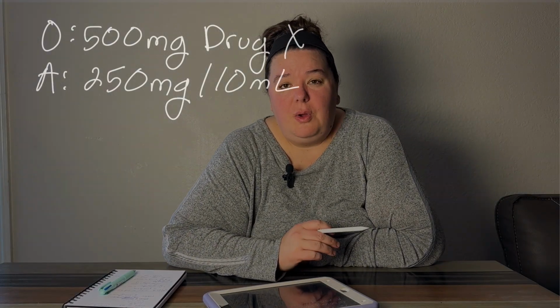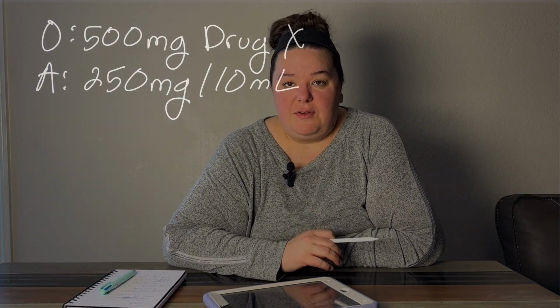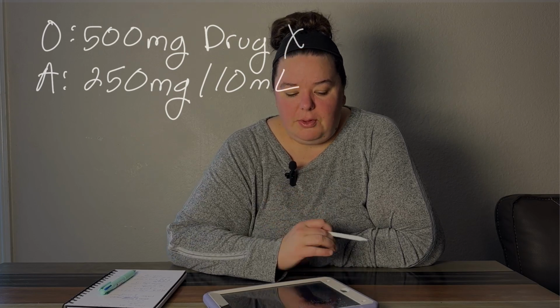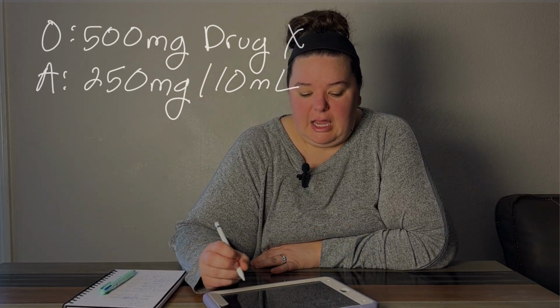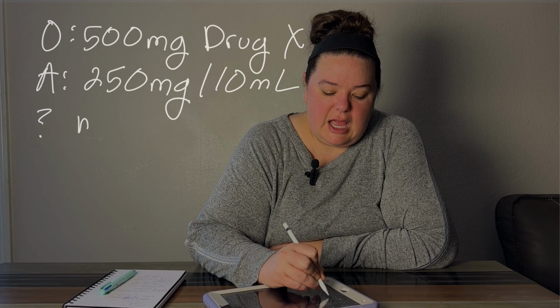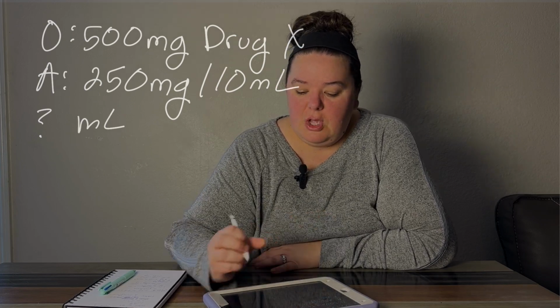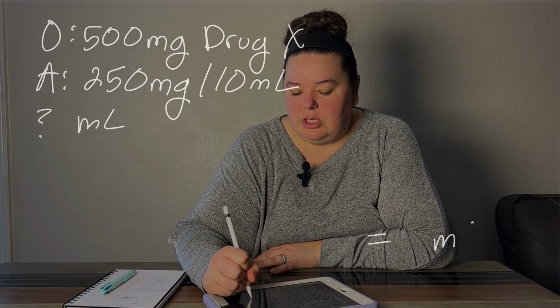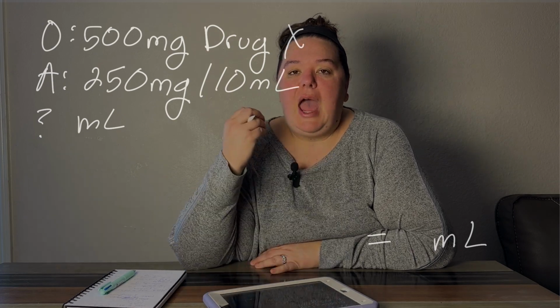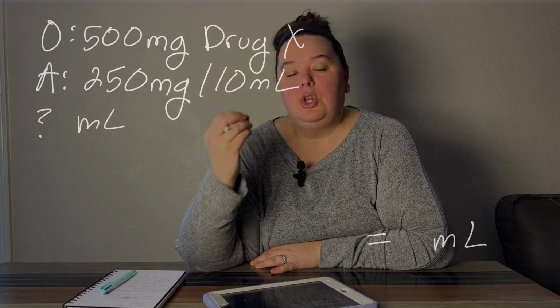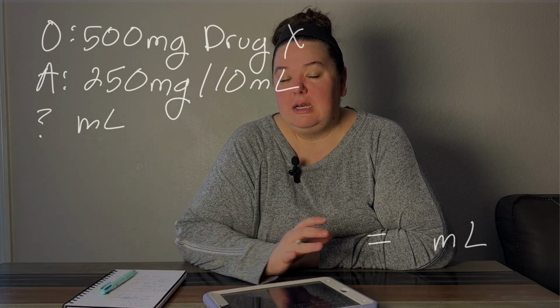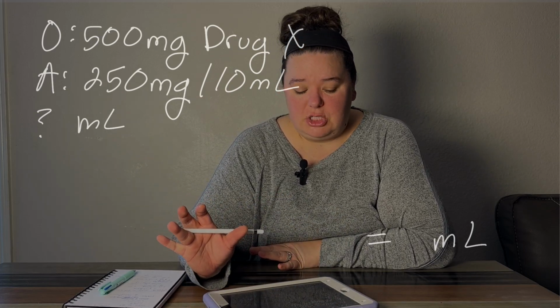What we're going to give to our patient is 500 milligrams, and our available is 250 milligrams per 10 mLs. The question is asking how many mLs are we going to give? So we know our answer is going to be in mLs. You have to write the label you are looking for on your scratch paper. It is going to make this whole problem much easier.